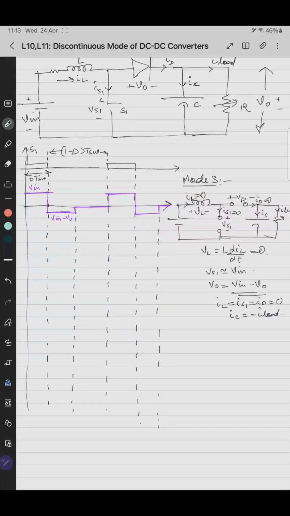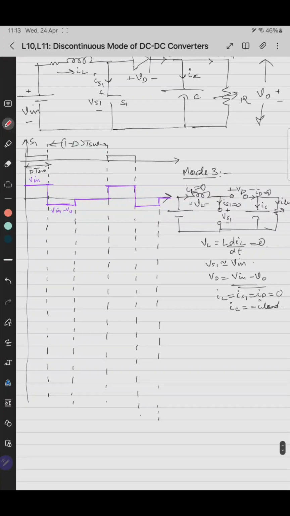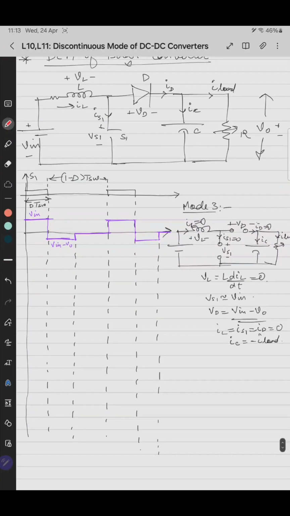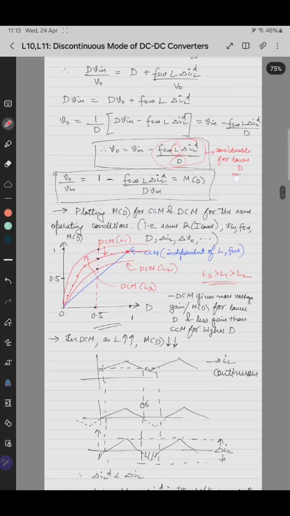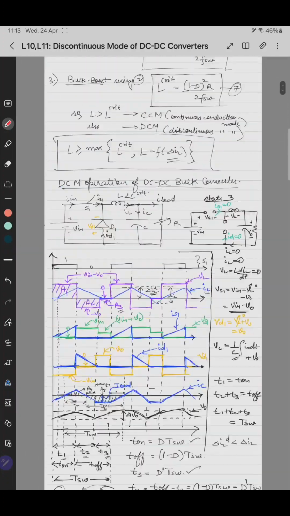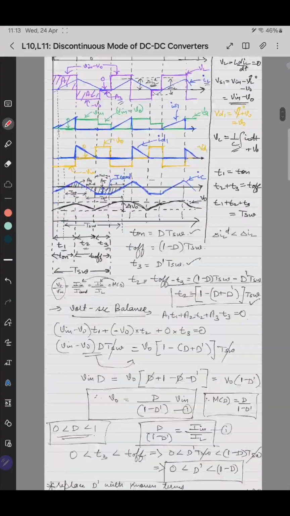If we draw IL, when the voltage across the inductor is positive, the current through it rises. When it is negative, the current will fall. And when there is no voltage across the inductor, the waveform gets clipped off.